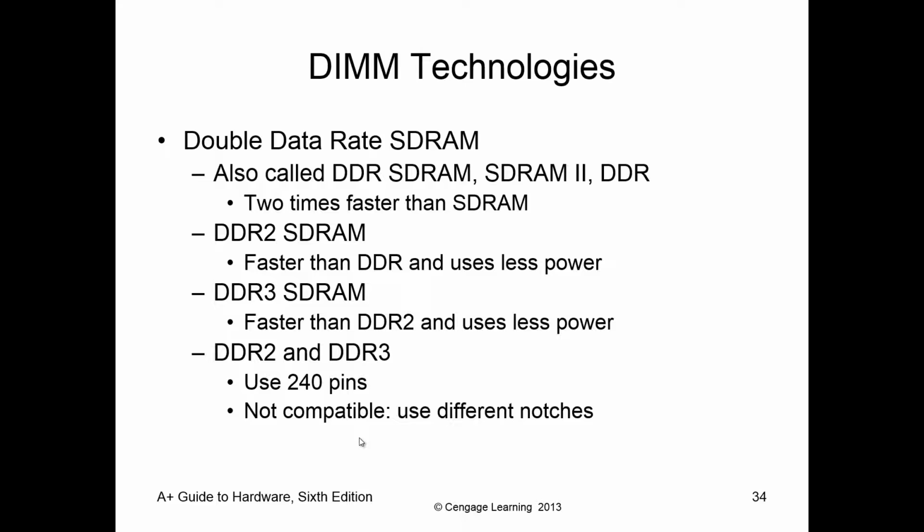I've never really seen it referred to as SDRAM 2, but you never know. We love our acronyms, so normally when you talk about memory, you just talk about DDR1, DDR2, DDR3. You drop the SDRAM. You don't call it SDRAM 2 or SDRAM 4.